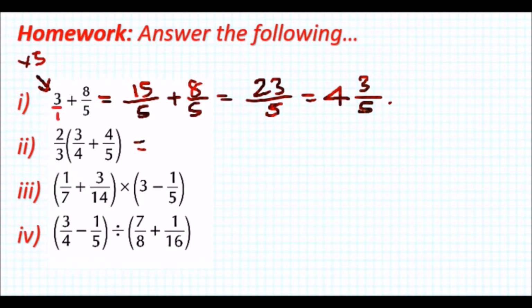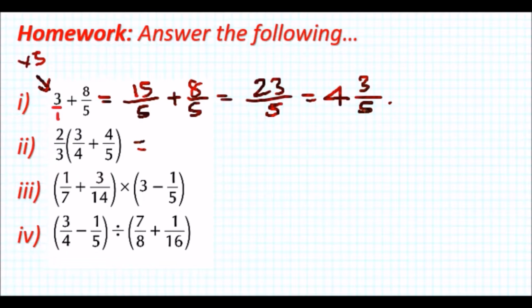Here, the first thing you always want to do is sort out the brackets first. Inside the brackets, we've got 3/4 plus 4/5. In order to add these again, we need common denominators. 4 and 5 have a common denominator of 20, so we need to multiply the first fraction by 5 and the second by 4.